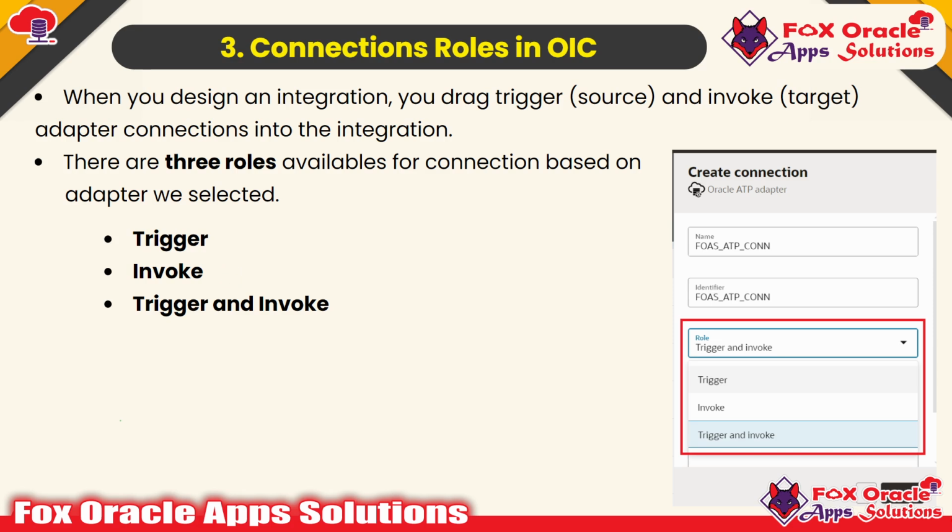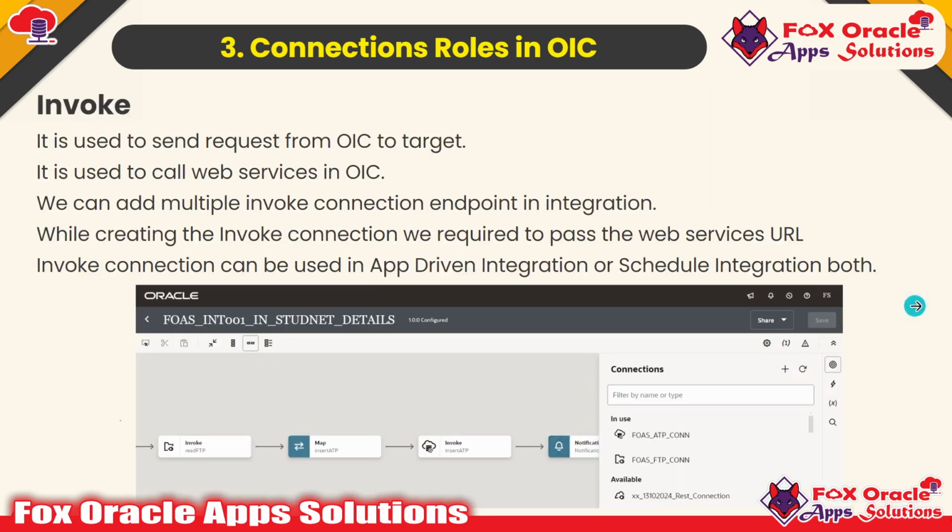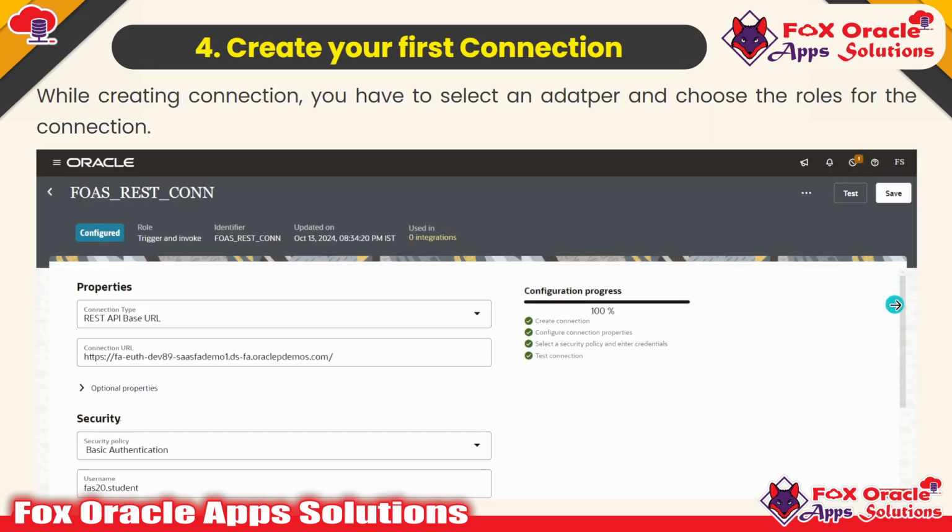In our integration, we can use a SOAP invoke connection, a REST invoke connection, and ATP connections to insert data into a database table. We can use FTP invoke connections to place a file on a file server or to get a file from the file server. That kind of thing we are going to work with. So it's all about connection roles.